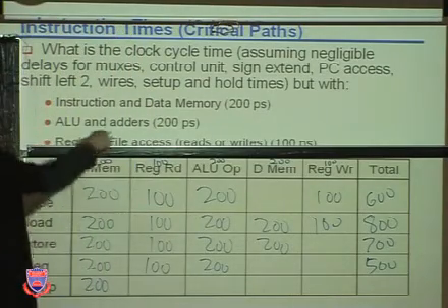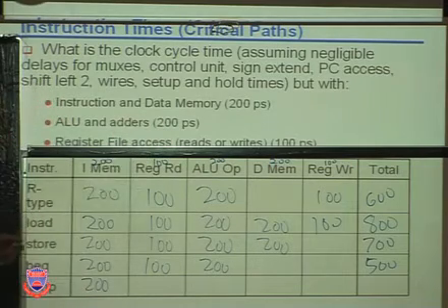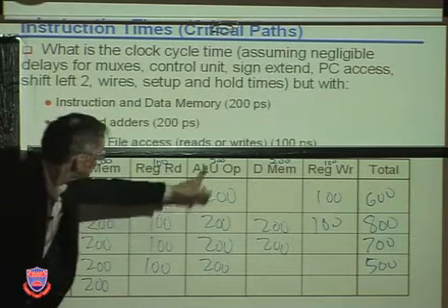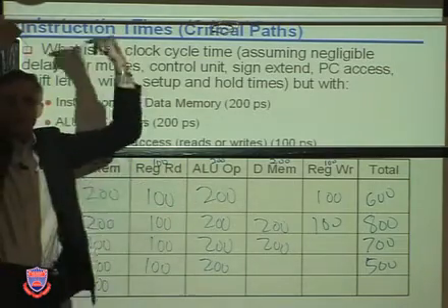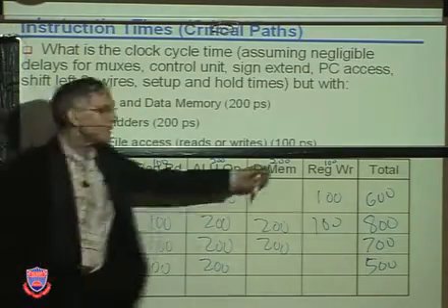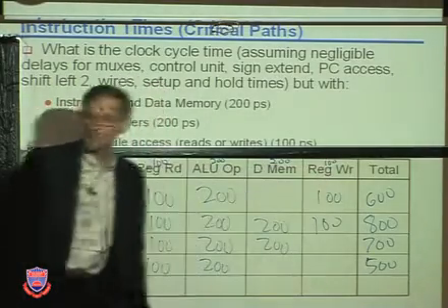Now it does say adders take 200 picoseconds here. So in that case, maybe we should put in 200 here. It doesn't use ALU, but it uses other adders up in the top. Do we use data memory? No. Do we use register writes? No, it only changes the PC.